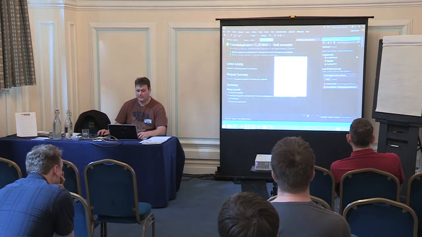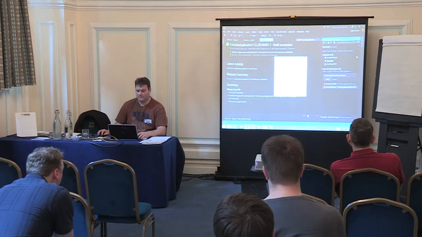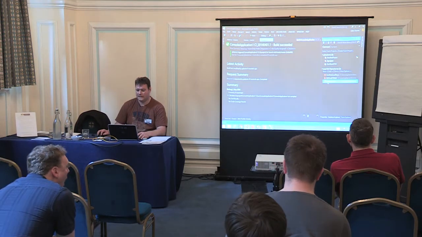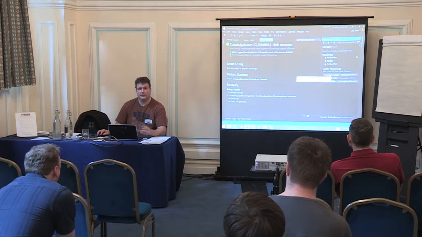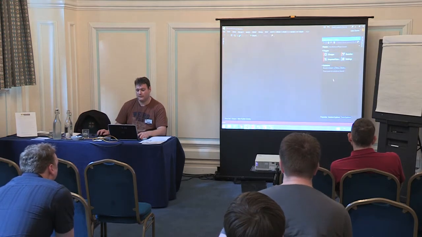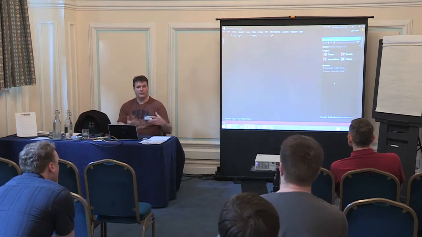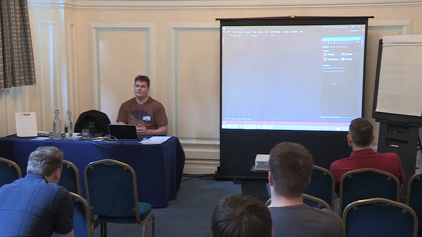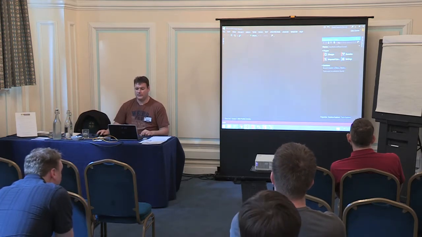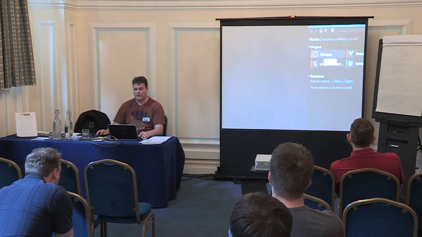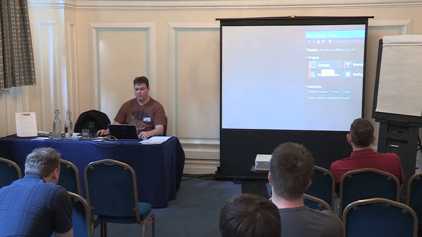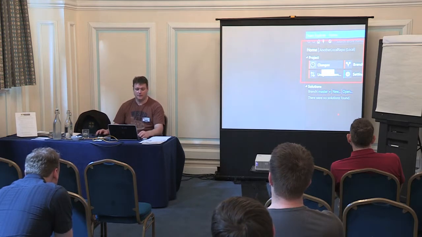I can just browse to it, choose another local repo, bring that in, add it in, and now that's another one that's available to me here. If I then double click on that, that makes it the Git repository that Visual Studio is connected to. We're still in the Team Explorer when we look at this, but what we're not connected to is a TFS Git repository. This is just a local Git repository.